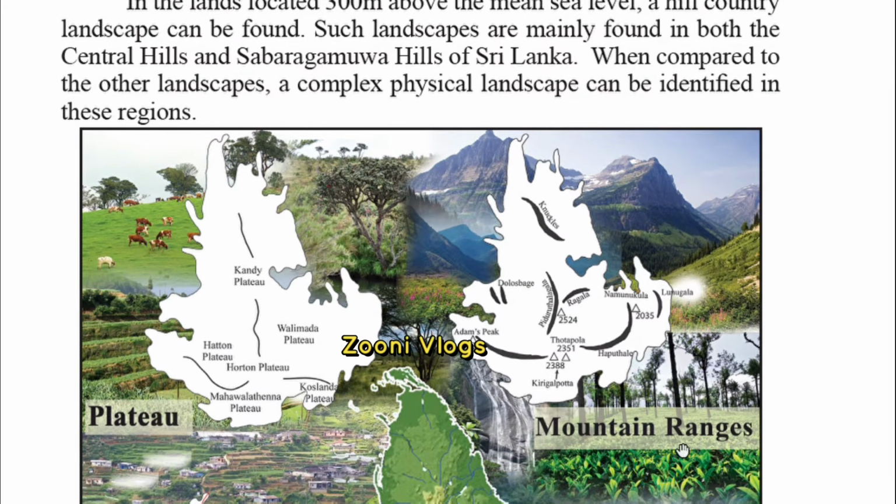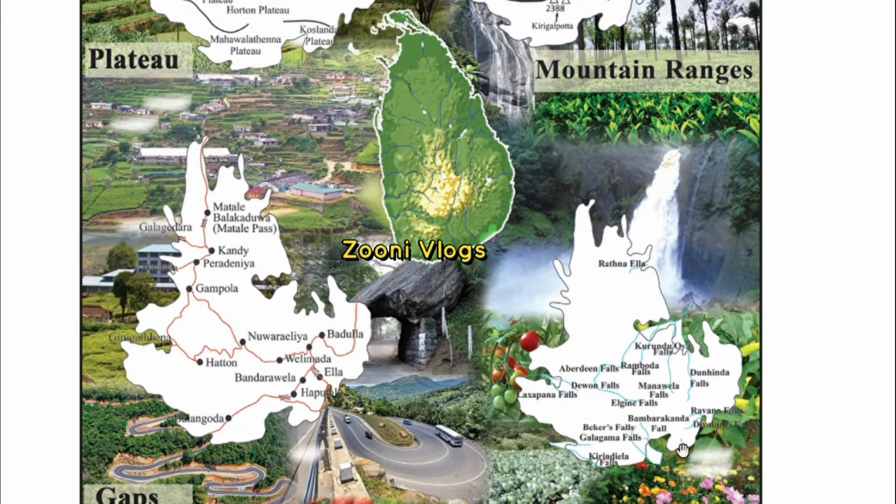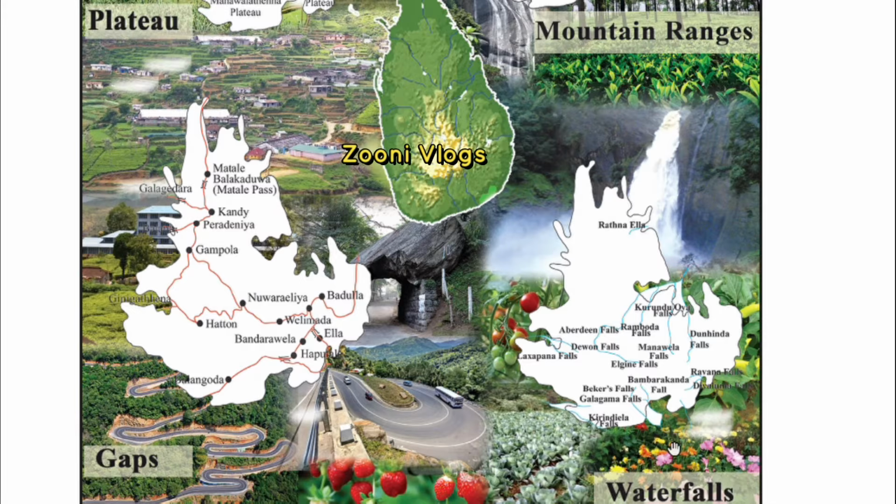Now here the mountain ranges. And the next one, if we go to gaps, we can see Matale Balakaduwa, Matale Pass, Kandy Peradeniya, Gampola, Galagedara, Ginigathena, Hatton, Nuwara Eliya, Badulla, Wellimada, Bandarawela, Ella, Haputale, Balangoda.